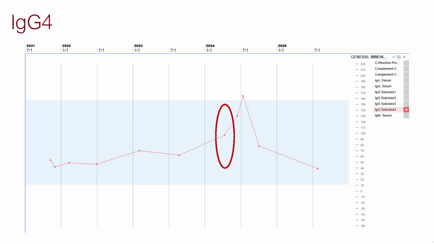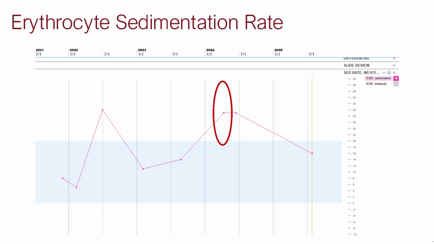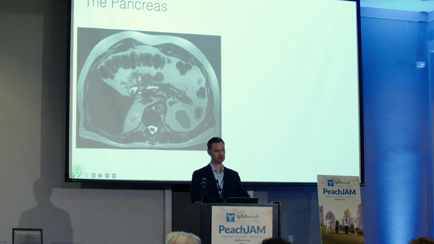And this is why we're still learning, and I think this is a case where continuing to check the IgG4 was helpful. And even this little trend, also in IgE, also in the ESR, which is not something I typically think of as an important marker, but often will be elevated when the immunoglobulins are high. Those all led us to get that MRI.